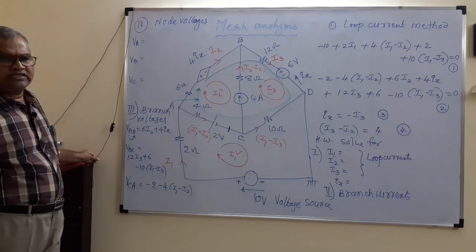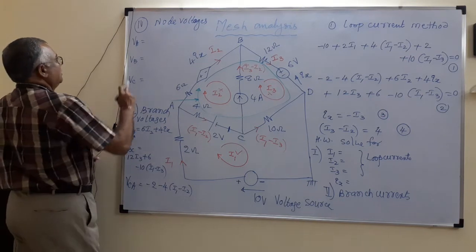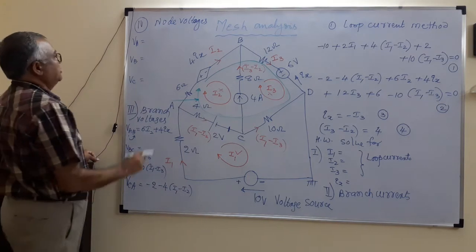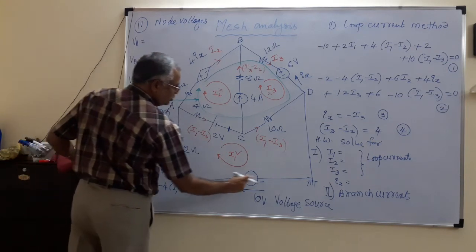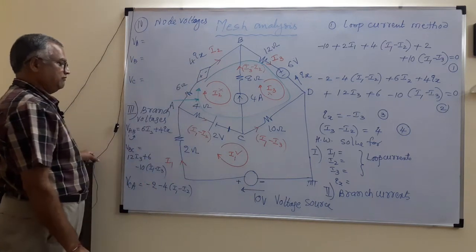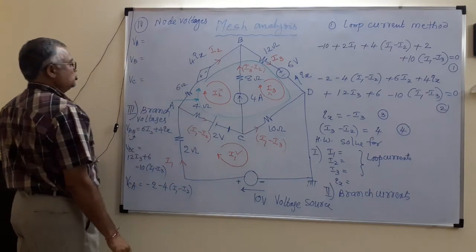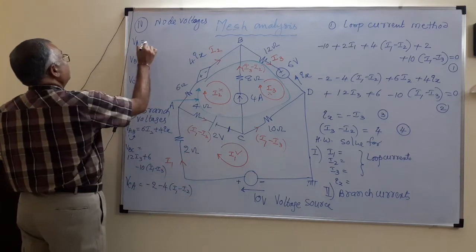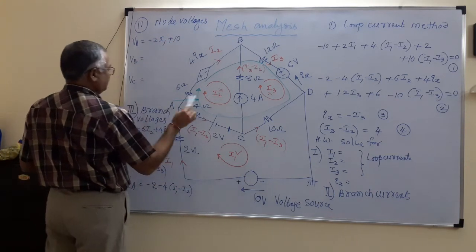Node voltages are always defined with respect to ground. Now, how to find VA? What is the best method? Wherever you want to know the voltage, start there and go to ground following the KVL sign convention. But don't go via a current source. There is no current source in this path, so we can follow it. Therefore VA equals minus 2I1 plus 10 plus 10.